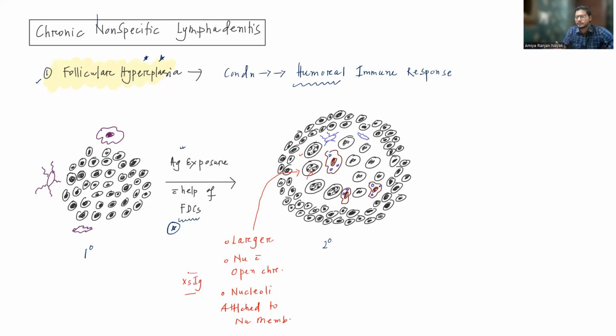And slightly more mature cells are the centrocytes. These are the centrocytes. They will have a cleaved, or you can say twisted or angulated, nucleus.